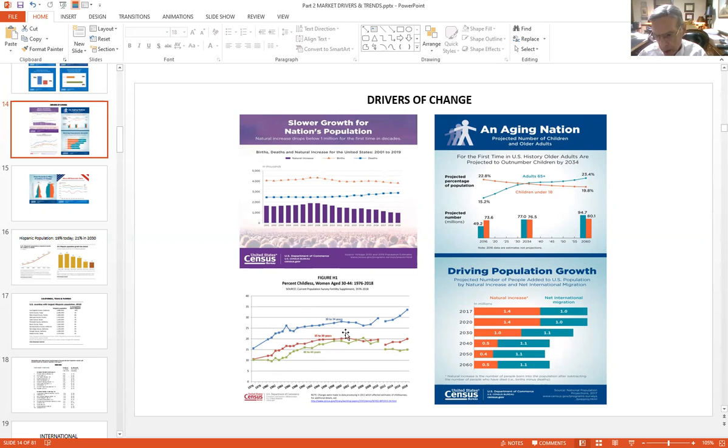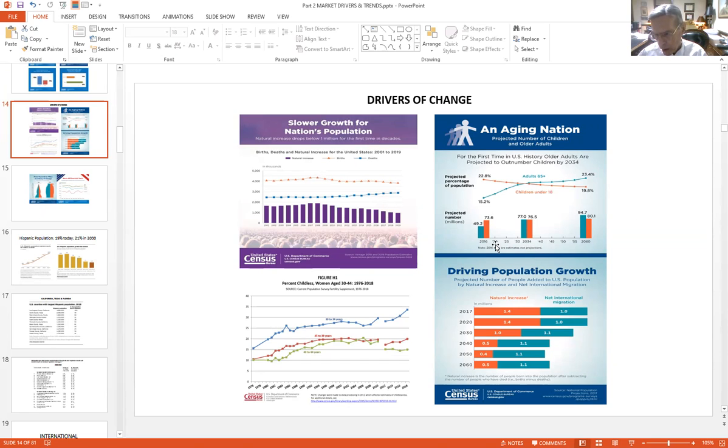So there seems to be some tendency for folks simply not to have children. For all of the reasons we've talked about, the chart in the upper right-hand corner is kind of interesting.